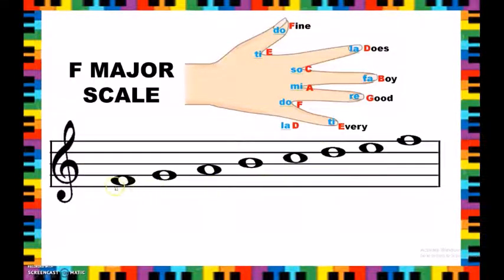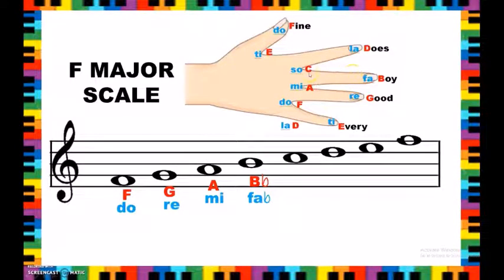The first space is F, which is do. The second line is G, which is re. Second space is A, which is mi. Third line is B, which is fa, B flat or fa flat.